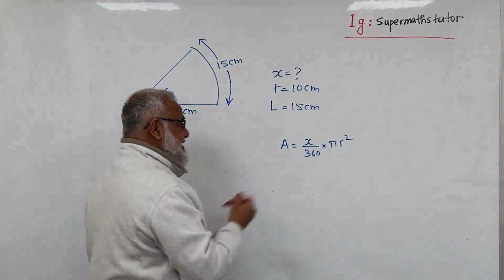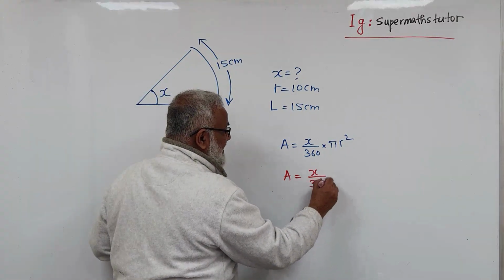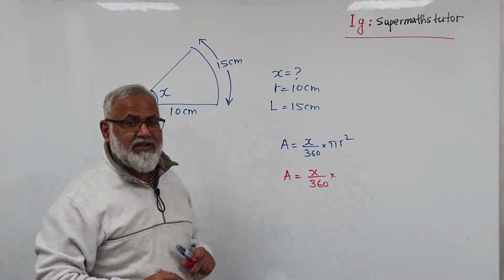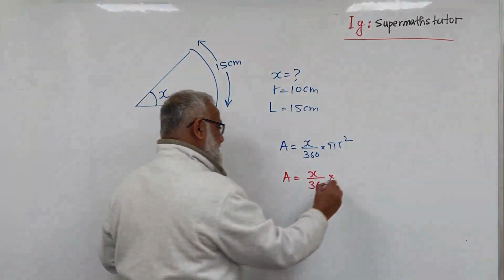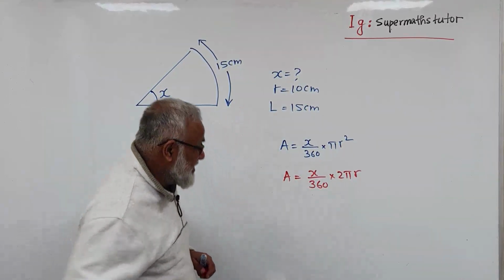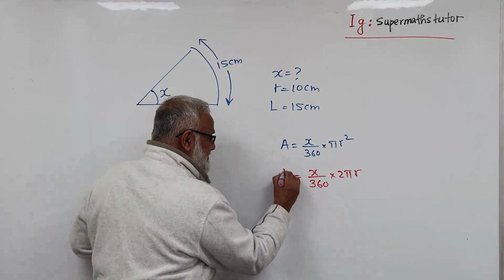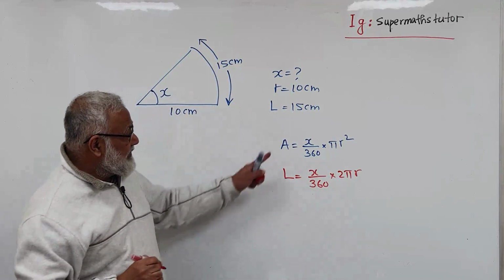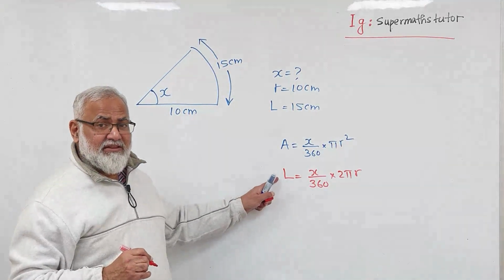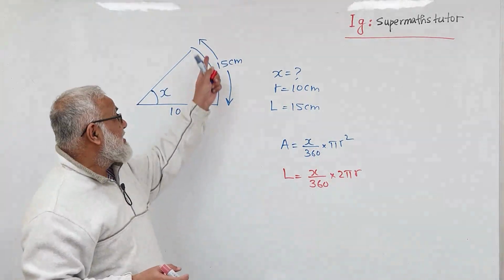The first part is exactly the same, which is x divided by 360, but instead of pi r square, I will use 2 pi r. That will give you, my apology, this is not the area, that is the length of the arc. So that will give you the area and that will give you the length. Area is the space occupied inside, but I am asking you the length.